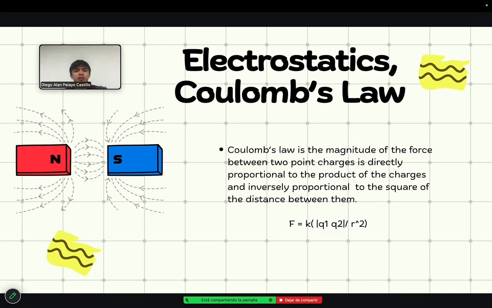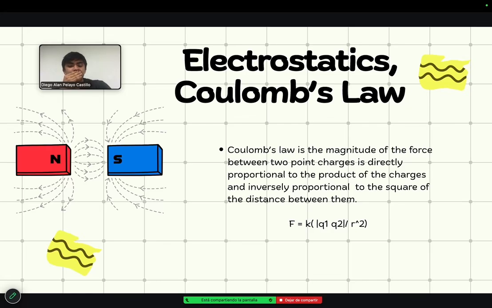So I would like to start with what a charge is, which is the most basic concept we can know. Everything we know is made of atoms, and atoms contain protons, neutrons, and electrons, each with a positive or negative charge.